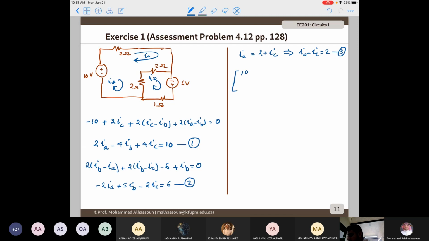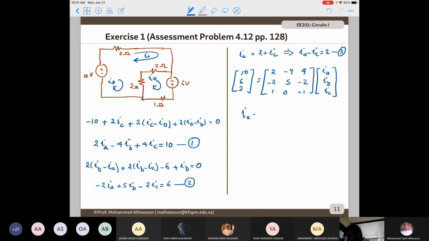So I construct the matrix: 2, minus 4, 4, minus 2, 5, minus 2, 1, 0, minus 1, times IA, IB, IC, equal to 10, 6, 2.